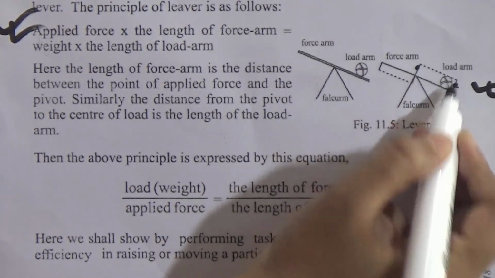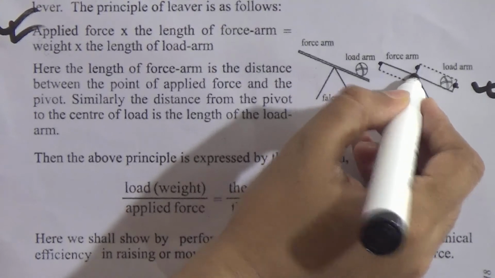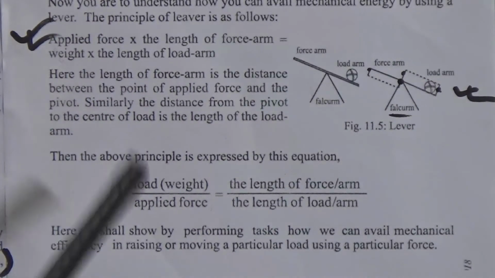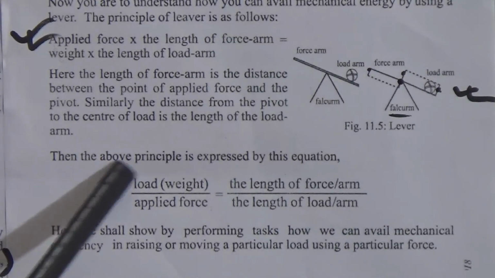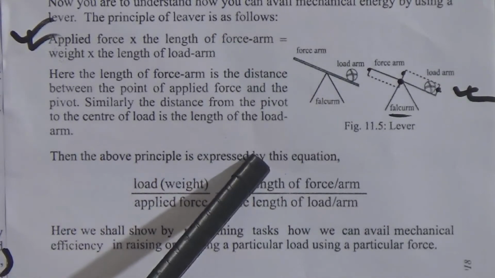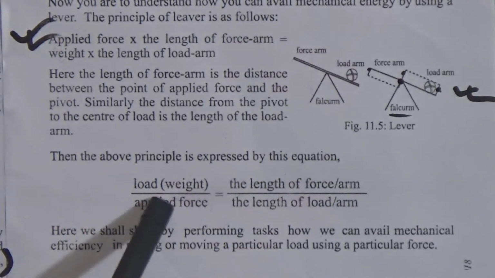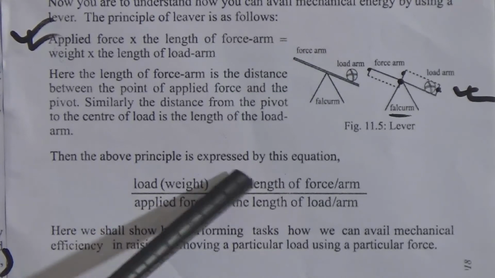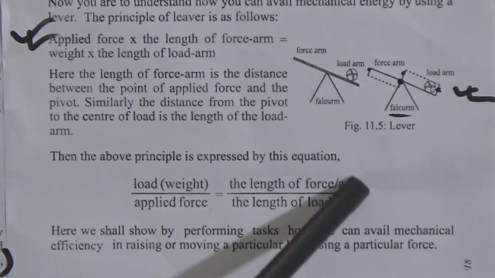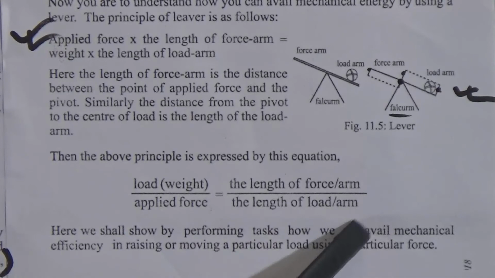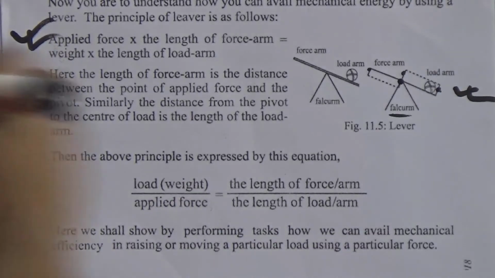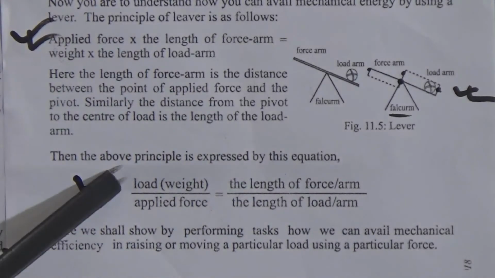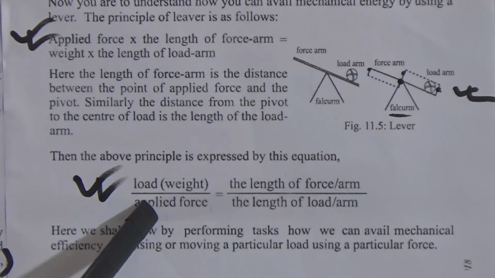From here to here is load arm and from here to here is force arm. This is fulcrum or pivot. Then the above principle is expressed by this equation. Load, that means weight, divided by applied force equal to the length of force arm divided by the length of load arm. Dear students, you have to learn this equation too.